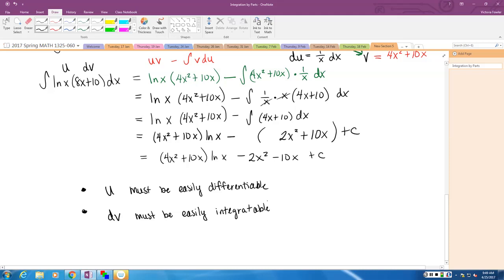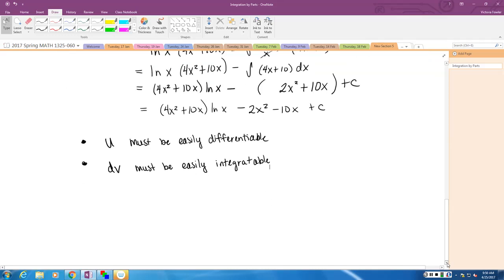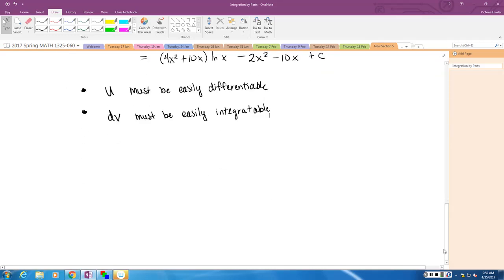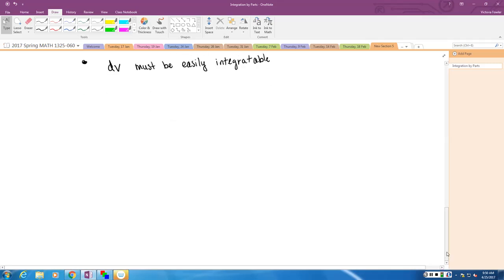So keep that in mind as you go through and you say, here's a complicated integral. It's going to require this integration by parts. How do I determine what u is and how do I determine what dv is? Well, keep in mind u has to be easily differentiable. dv must be easily integratable, and that's by the fact that you're going to find the differential of u and you're going to find the antiderivative of dv. Okay, so let's move on to the next example.